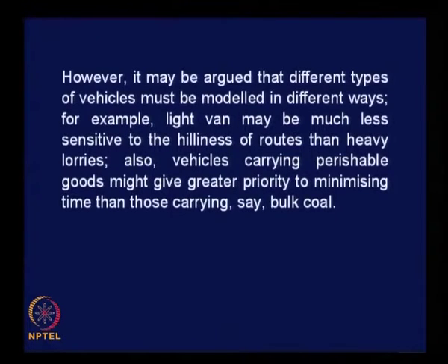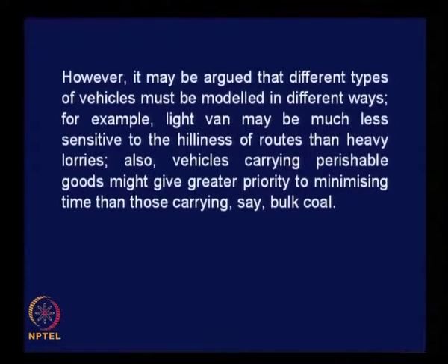And there is one issue related to this particular assignment. It may be argued that different types of vehicles must be modeled in different ways. You cannot put all the vehicles together, convert them into PCUs and assign on various alternative routes.